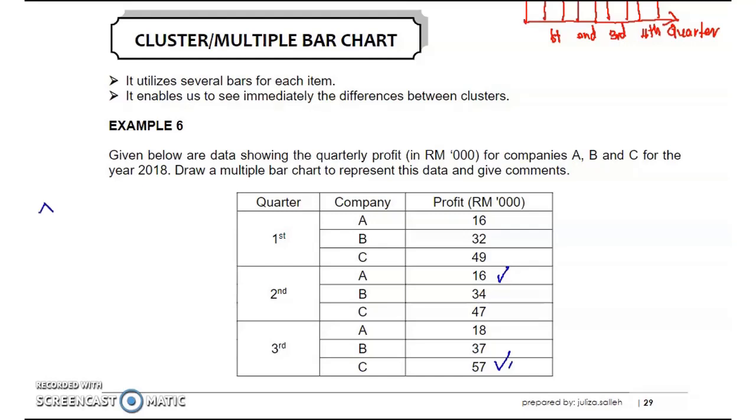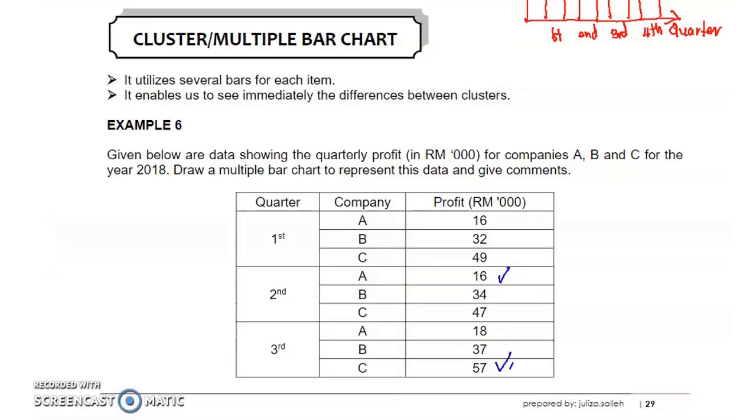So x-axis and y-axis. I'm going to use a scale of 20 here. So you draw on your graph paper nicely. Here will be the profit. Make sure you label and put a title.